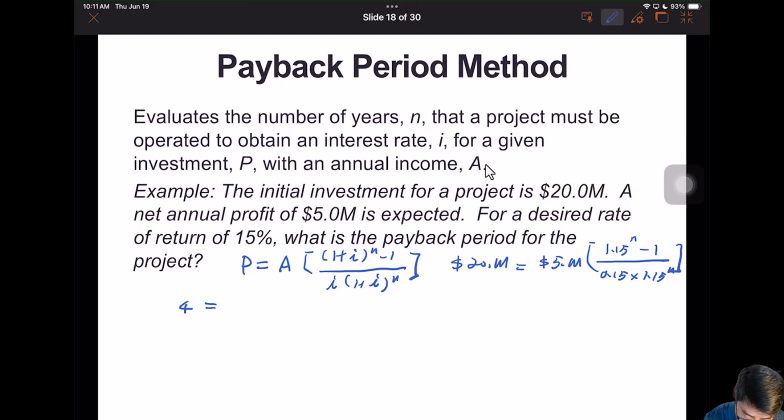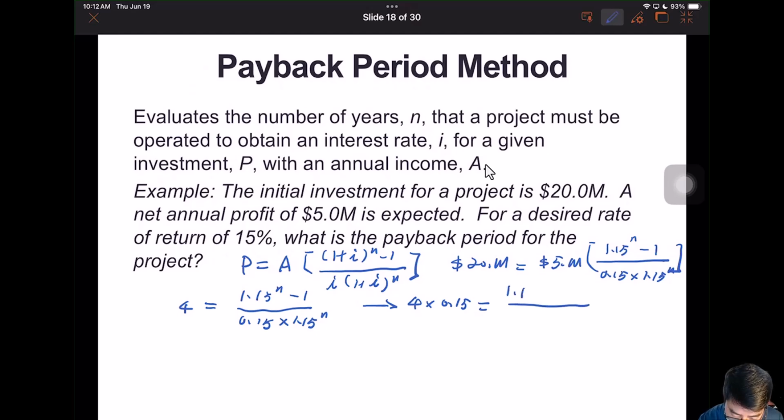Then this is 1.15 to the nth minus 1 over 1.15 to the nth. Next, on both sides of the equation I'm going to multiply by 0.15, so this will be canceled out, and this side is going to be 4 times 0.15, and the right side of the equation 1.15 to the nth minus 1 over 1.15 to the nth.